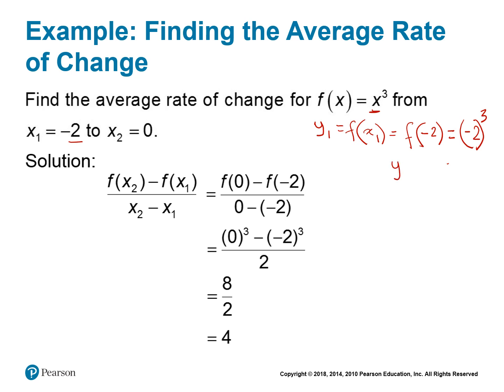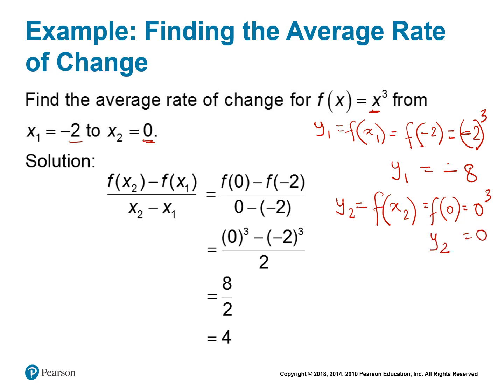So y1, which is also f of x sub 1, is going to be negative 8, right? Negative 2 cubed is negative 8. As for y2, which is the same as evaluating f of x sub 2, x sub 2 is 0, right? So f of 0 is going to be 0 cubed, which is 0. So y2 is going to be 0.